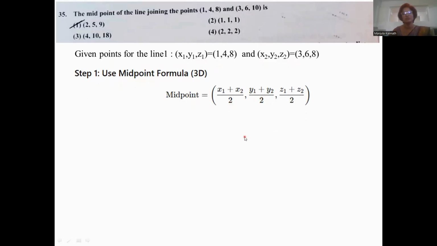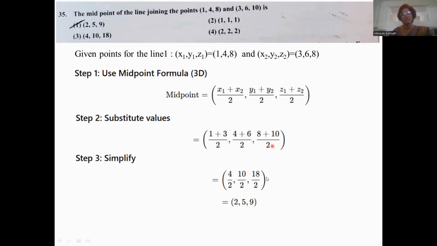Just substitute the values of x1, y1, z1 and x2, y2, z2 in this equation. Simplifying, we have 1 plus 3 divided by 2, 4 plus 6 divided by 2, 8 plus 10 divided by 2, and that becomes 2, 5, 9. So the correct answer for this question is option 1.